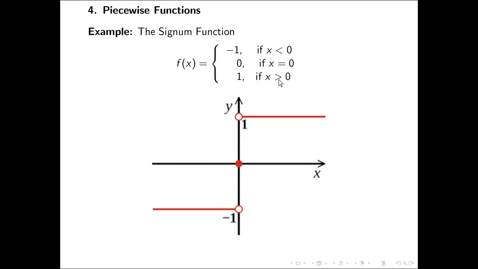Now for positive values, the y value is always +1. So f of 1 is 1, f of 2 is 1, f of 3 is 1, and so on. So the graph will be a horizontal line intersecting supposedly the y-axis at 1, but with a hole there, since these are strict inequalities.